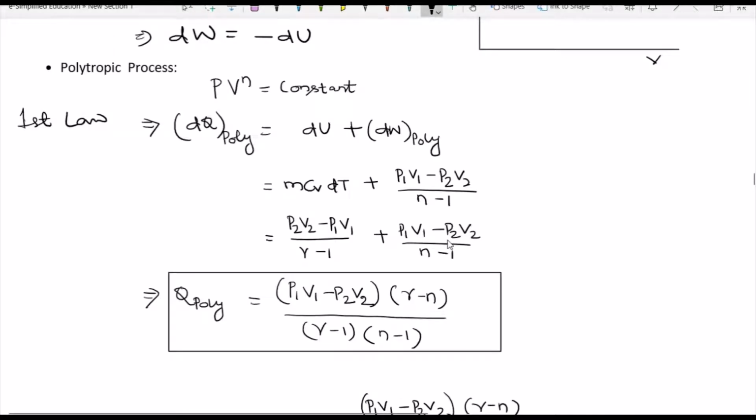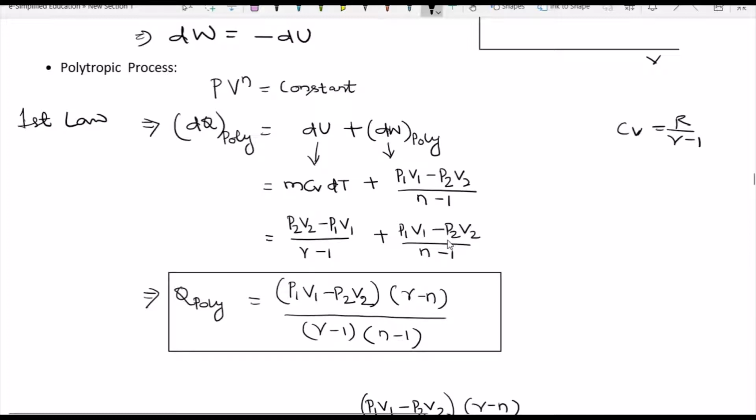Next, coming to the polytropic process, the equation is PV to the power n equal to constant. From the first law of thermodynamics, we can write dQ for the polytropic process equal to dU plus dW. We know that dU equals mCv delta T, and for the polytropic process the work done I defined in the last class, that is P1V1 minus P2V2 divided by n minus 1. But we know that Cv equals R by gamma minus 1.